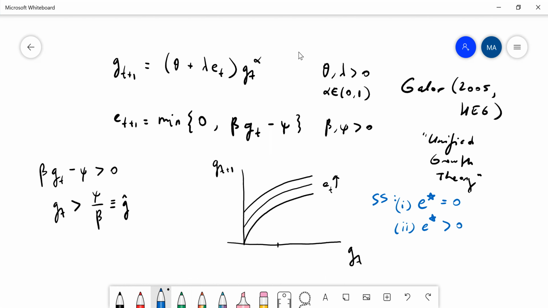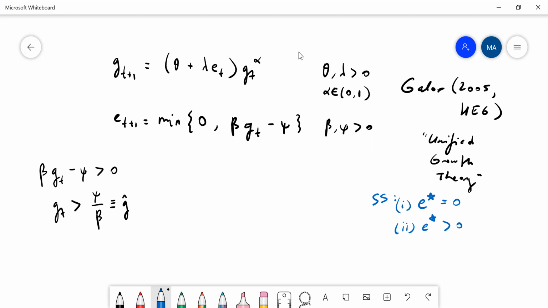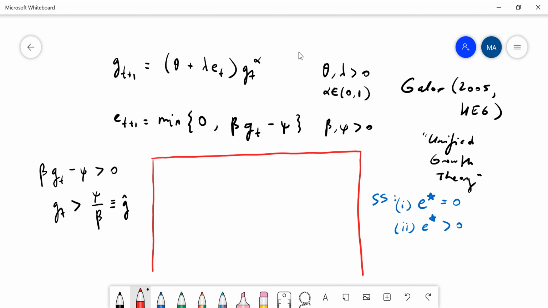So let me clear some space here. All right. So if E star is equal to 0, then I have G star equals theta times G star to the alpha, right? So G star is equal to theta to the 1 over 1 minus alpha, right?